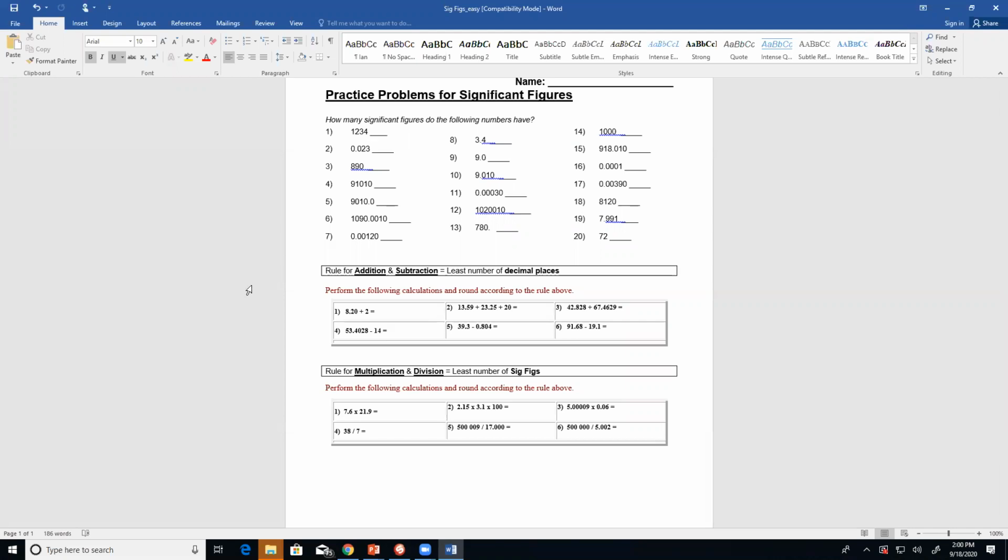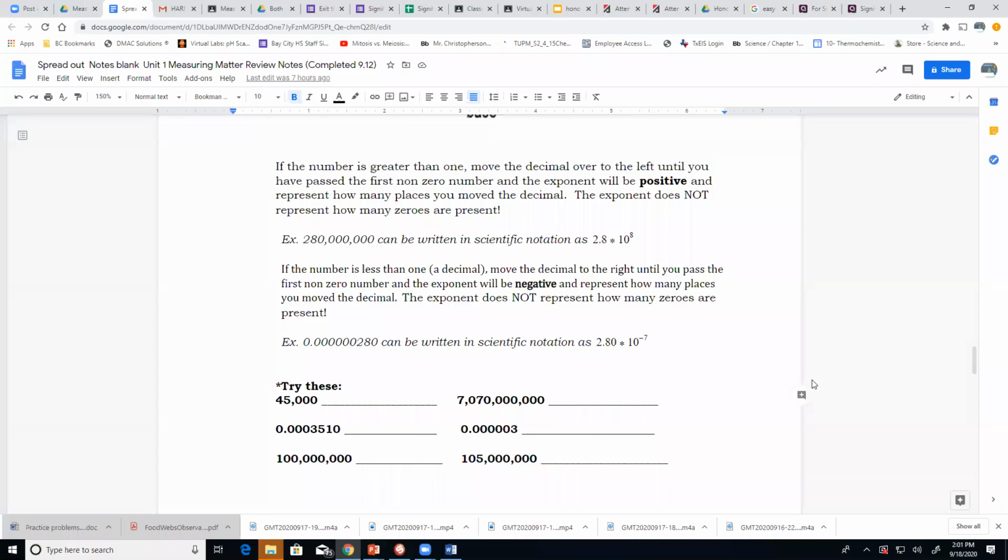Got about 20 seconds left, so make sure y'all submit. If you did not do that, the last days to requiz will be next Tuesday and Thursday because it's closing out our first 6 weeks, believe it or not.